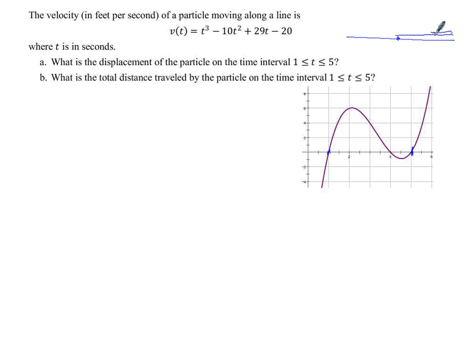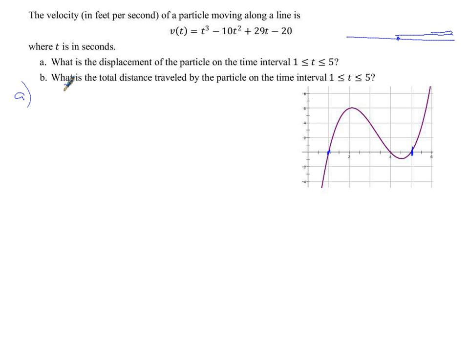To calculate displacement, all I need to do is integrate from here to here, because that integral will take care of this subtraction that's going to happen right here. Follow that? Okay. So for part A, just integrate.